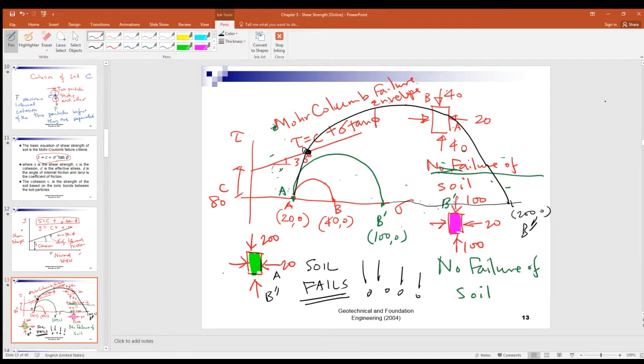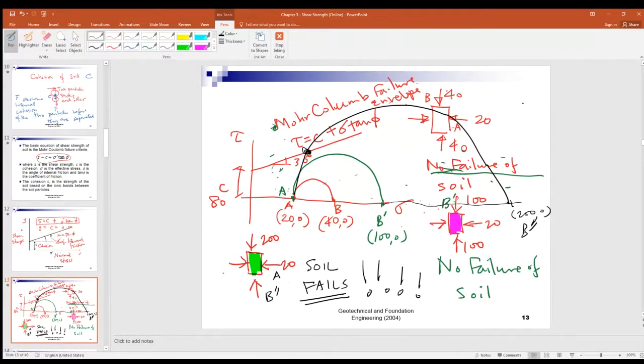Now, it looks very sensible, right? First of all, under the confining stress, the horizontal stress, 20, when you increase the vertical stress from 40 to 100 and then to 200, the specimen finally fails. Now you may ask why the vertical stress would be increased.